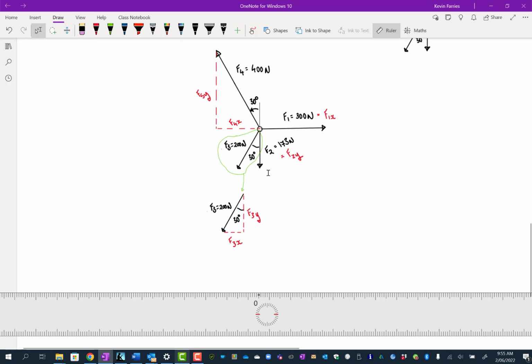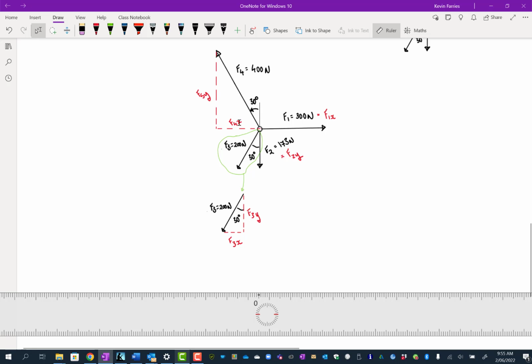I'll just pause here for a minute. So I've worked through and I've looked at what the x and y components are. There's a bit of a shortcut here. F1's already in the x direction, so we can just jump straight to F1x is equal to that. Similarly, F2 was in the y direction, so we can just jump straight to this value, this magnitude is equal to F2y, because it's already in the right direction.